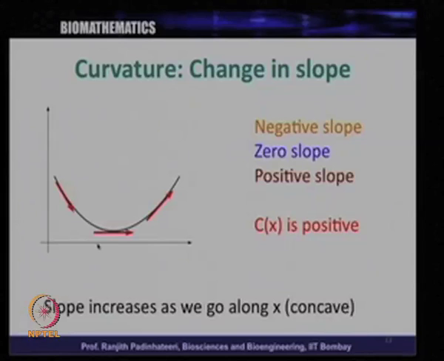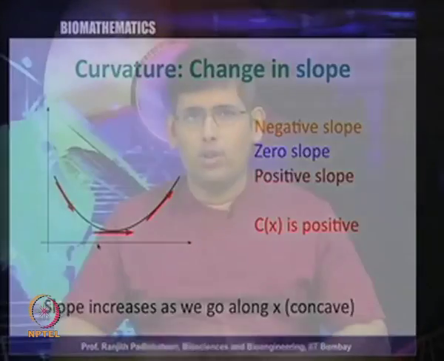So, two things you should understand from the last few slides on curvature. The two take home messages are that whenever you have a curved function, a function that is not a straight line, the slope itself varies, and sometimes the change in slope can be positive or negative.